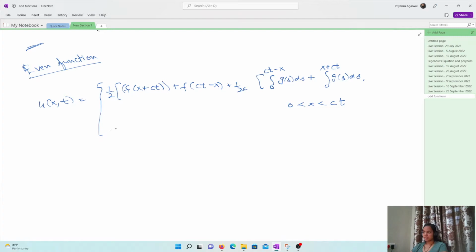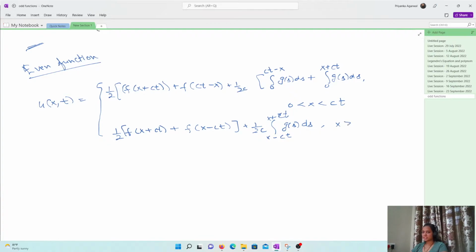and the other case when x is greater than ct, then this takes this form: f of x plus ct plus f of x minus ct plus 1 by 2c, integral from x minus ct to x plus ct of g of s ds.